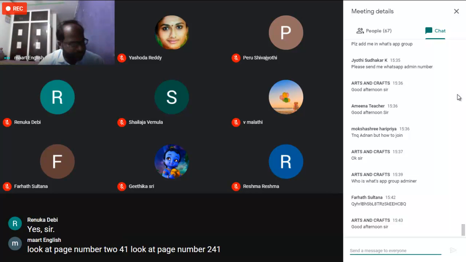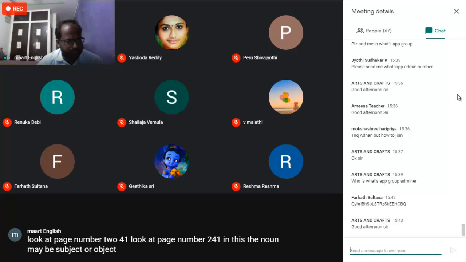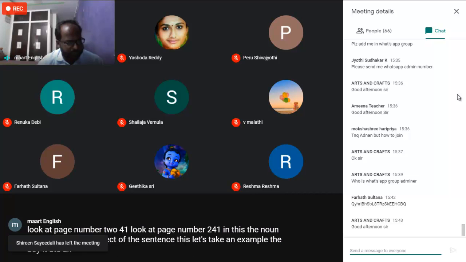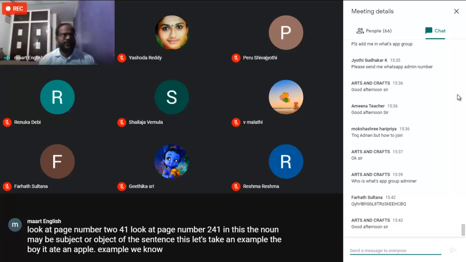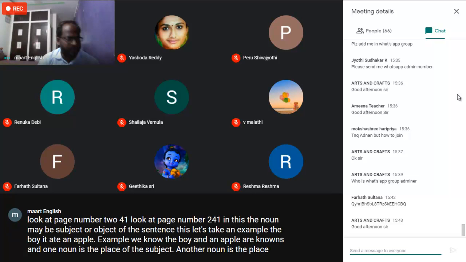In this, the noun may be subject or object of the sentence. Let's take an example. The boy ate an apple. We know the boy and an apple are nouns, and one noun is at the place of the subject, another noun is at the place of object.